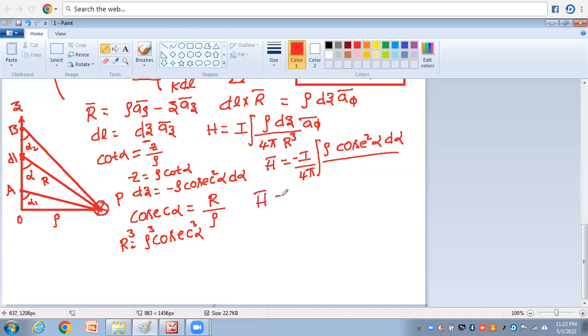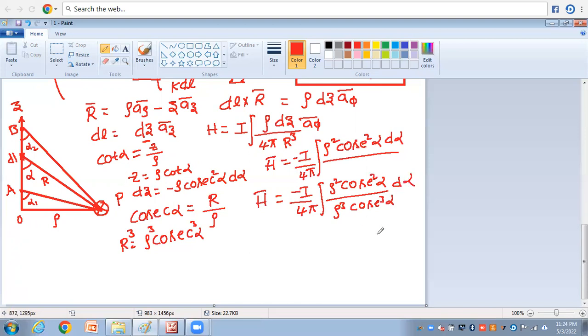Now H bar equal to minus I by 4 pi, and one more rho is also there, so rho square, integral rho square cosecant square alpha by rho cube cosecant cube alpha with respect to d alpha.